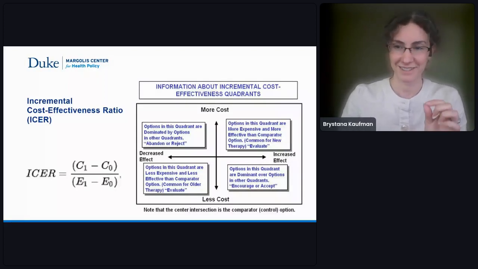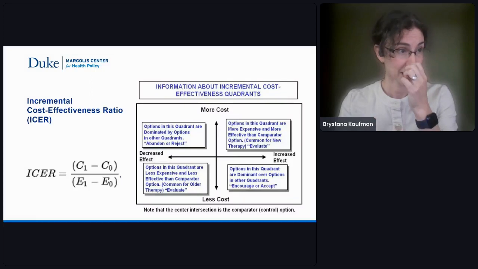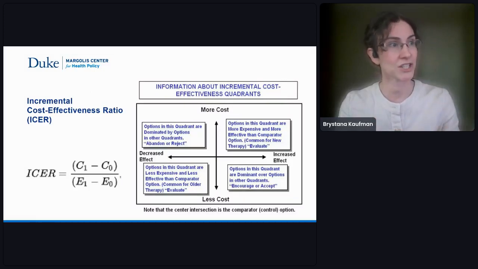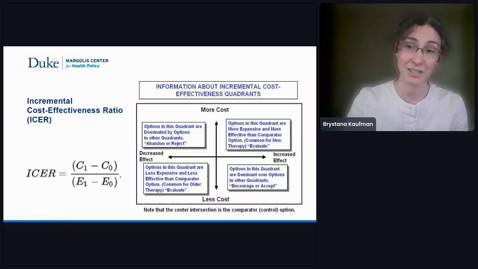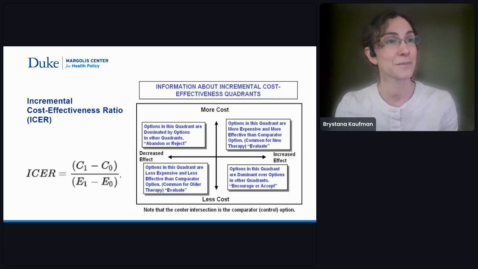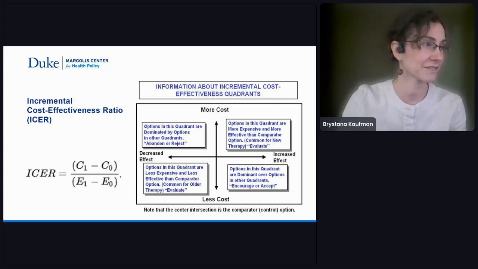Or is it really a high value because we're paying a reasonable amount of money to gain that incremental benefit? But you can also have these other situations, decreased effect and less cost is an interesting quadrant to consider. But typically we're looking for something that will increase the value and the quality of life.